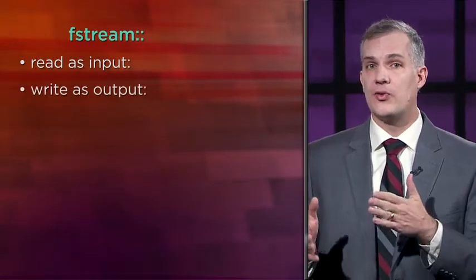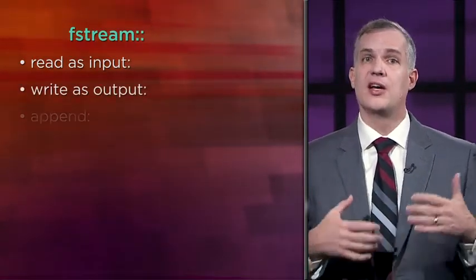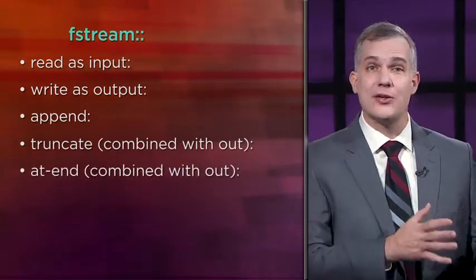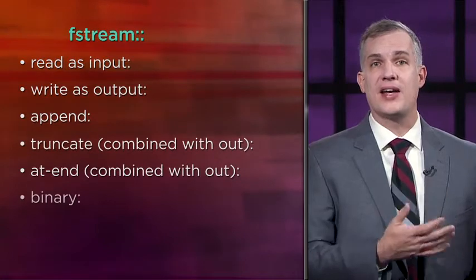Now, to specify which way to use the file, we'll use some special syntax. When we open the file, we'll give not just the file name as an argument, we'll have a comma, and then a second argument, starting with fstream::, which describes how we want to use the file. There are actually 6 different options. Read as input, output that overwrites 1 character at a time, append, truncate, the @end form of output, and binary.